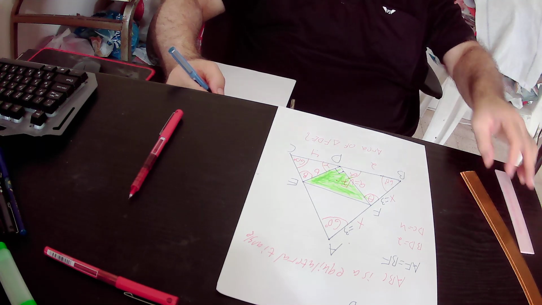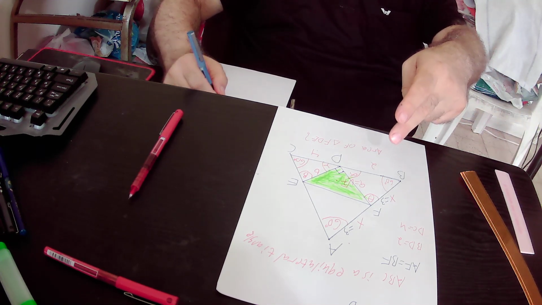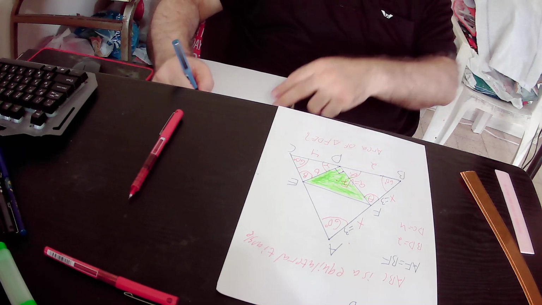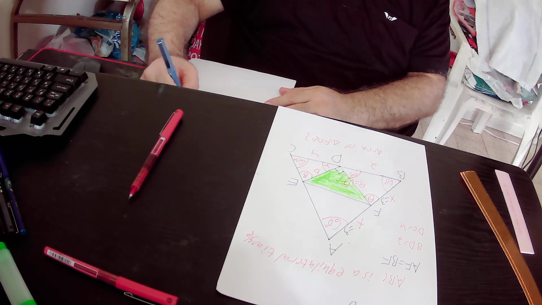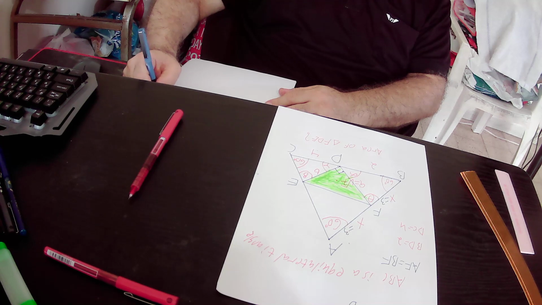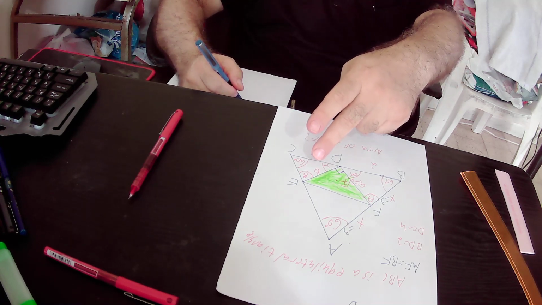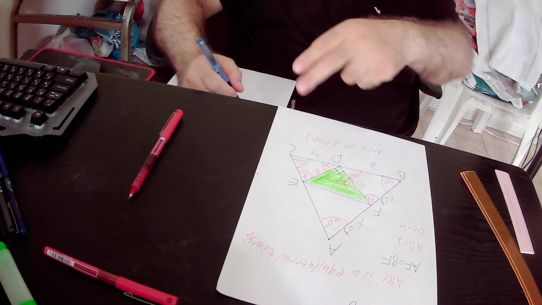What are the angles of triangle BFD? 60 degrees plus alpha plus theta equals 180 degrees, and the same is true for triangle DEC. The sum of its angles equals 180 degrees.